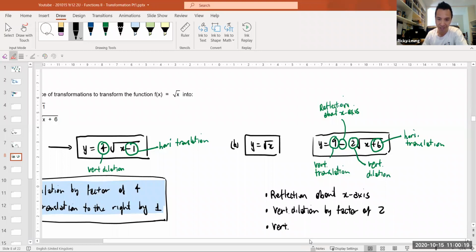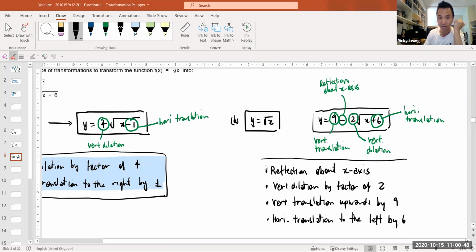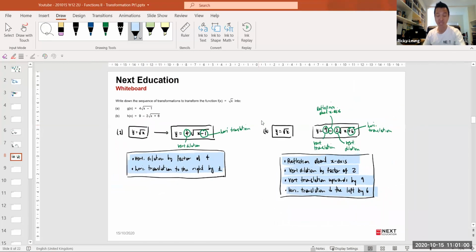Vertical translation, now, 9 upwards by 9, and then horizontally translate to the left by 6, and that is your answer. So follow that pecking order and you should be fine. So we have 4 transformations there to get us from y equals root x to that function there. Hopefully that was good.